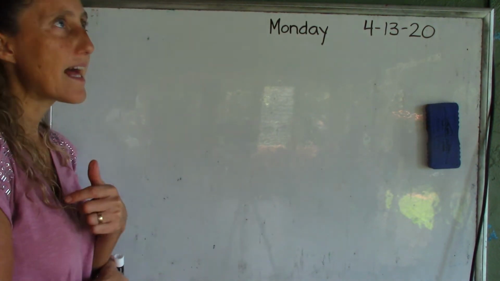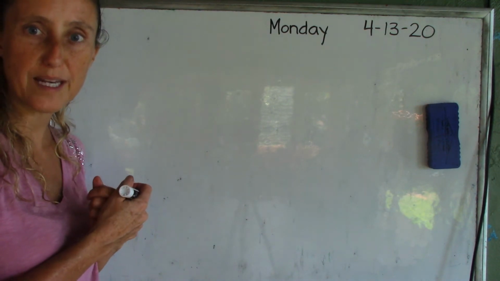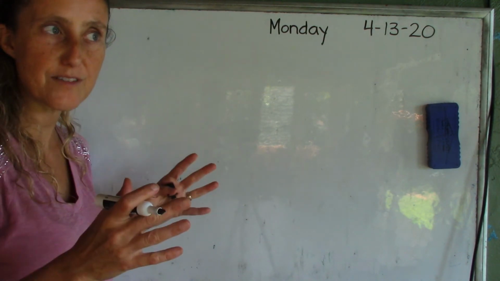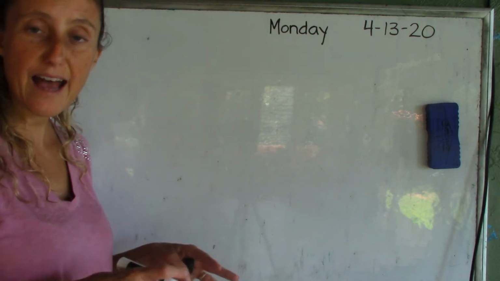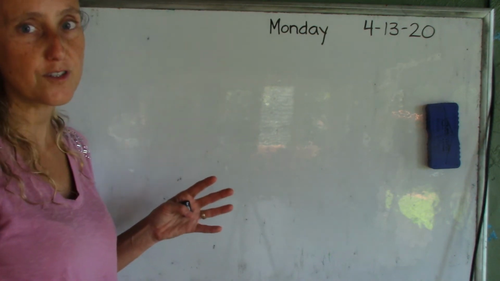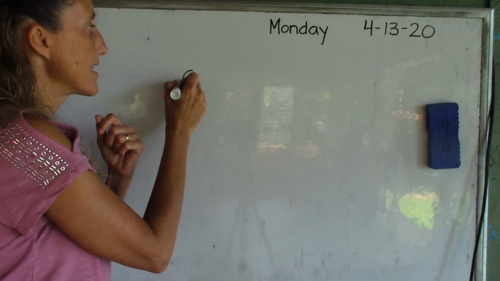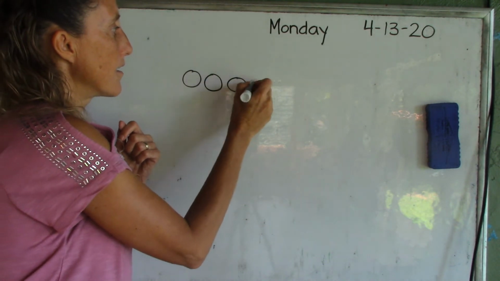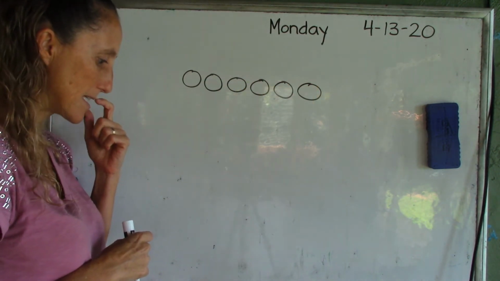So let's say that a half a dozen of my coins were pennies. If it was a half a dozen, how many were pennies? Right, a half a dozen is 6. A full dozen is 12, but a half of a dozen is 6. So I have 6, 1, 2, 3, 4, 5, 6.